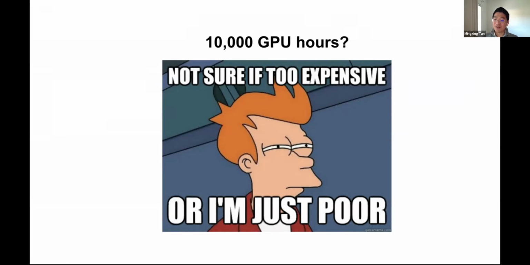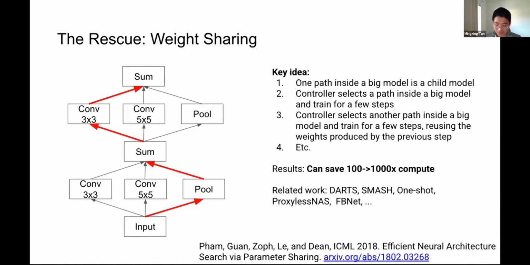So to address this limitation, we also proposed a way called weight sharing to drastically reduce the search cost. As we can see in the previous RL-based or evolution-based methods, the main limitation is you need to sample a lot of candidates. And for each candidate, you train them from scratch. Because you train them from scratch, you need to spend a lot of compute for each candidate.